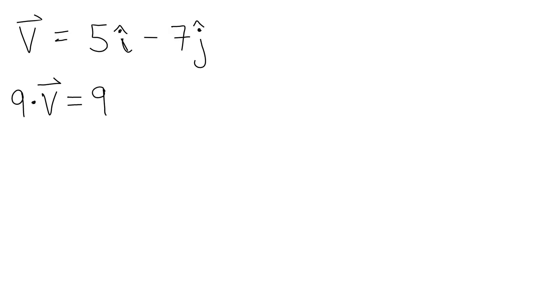That's 9 times 5 i hat minus 7 j hat. i is the x direction, j is the y direction. We could do three dimensionals, but I think you get the point with two.